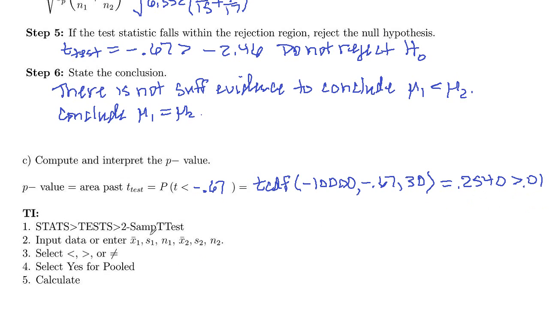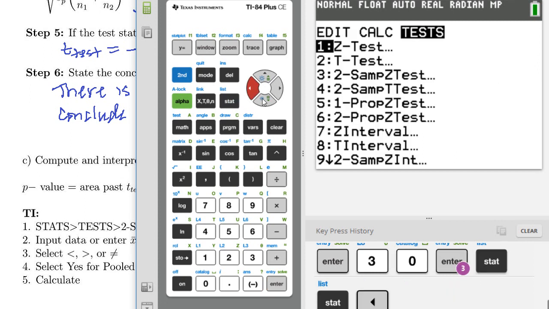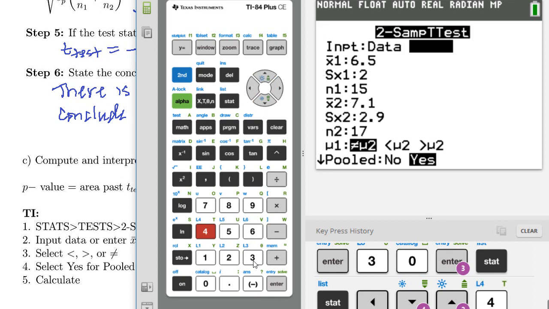So let's carry this out in the calculator using the two-sample t-test. We go to the stat menu, tests, and then we've got two-sample t-test right there, number 4. And it's already carried over our data from the confidence interval.